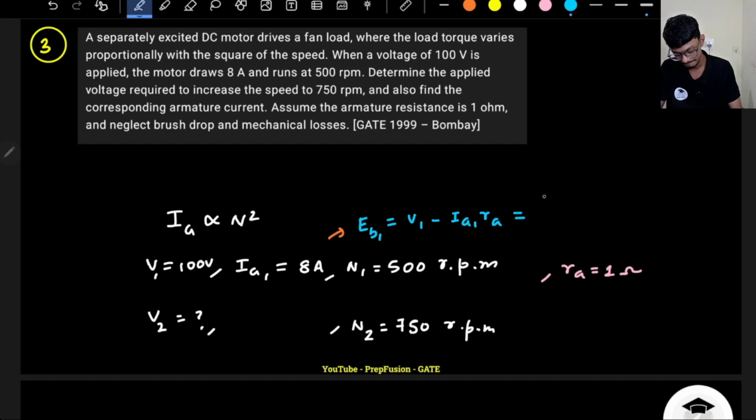So V1 will be 100 minus Ia1, which is 8, into Ra. Ra is 1. So this will be 92 volts, right? So in the first case, my EB1 is 92 volts.